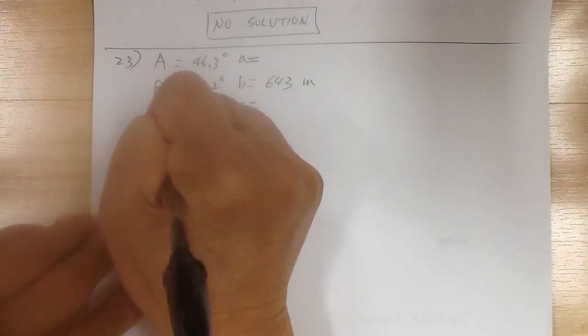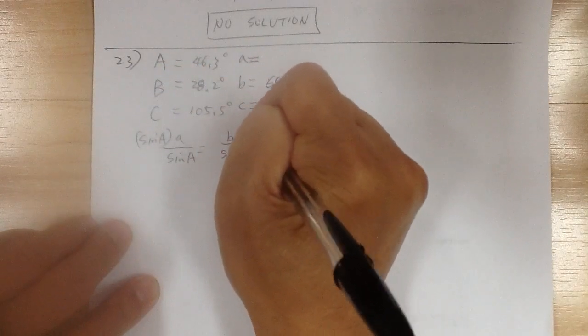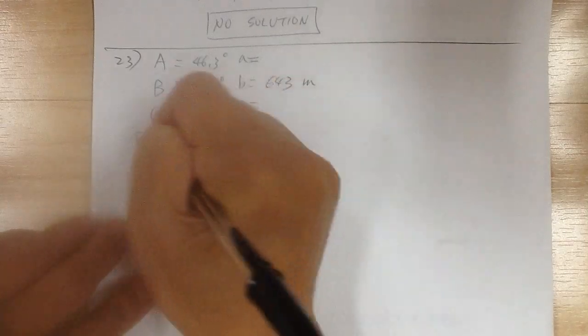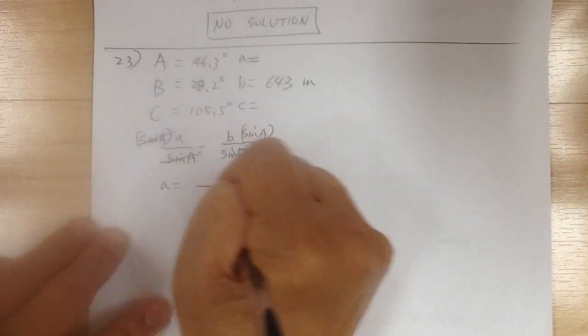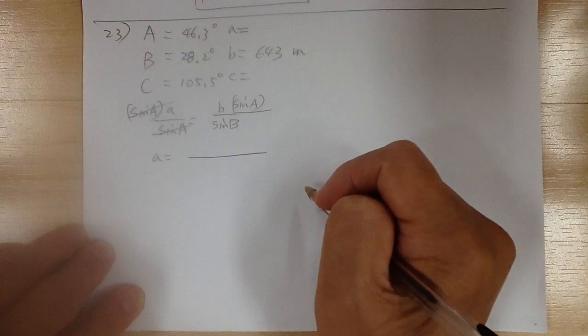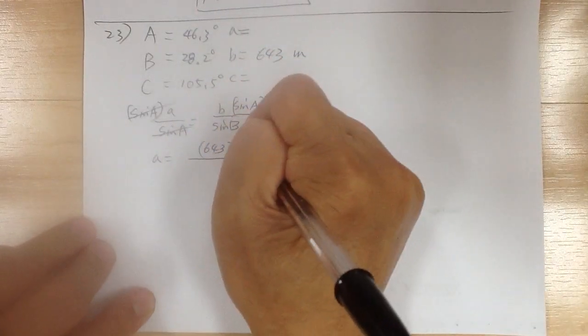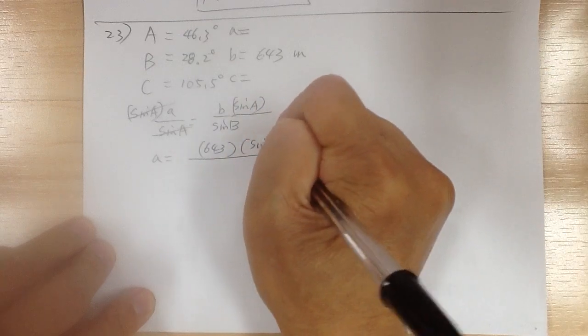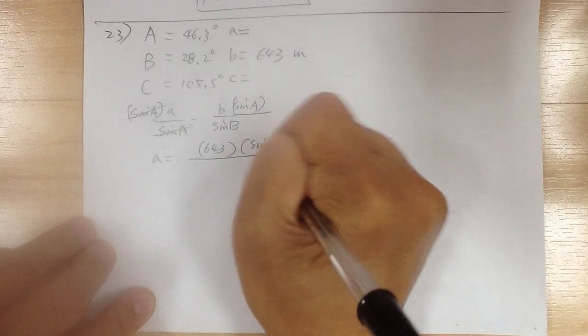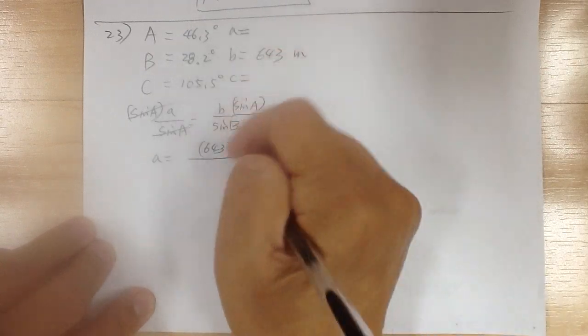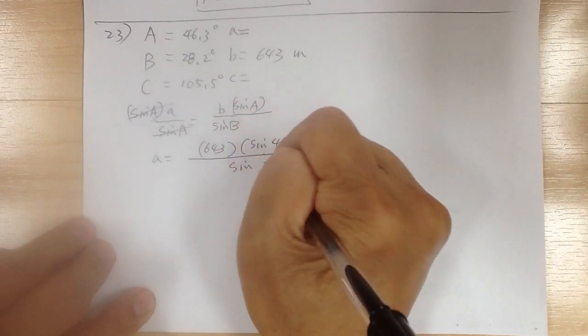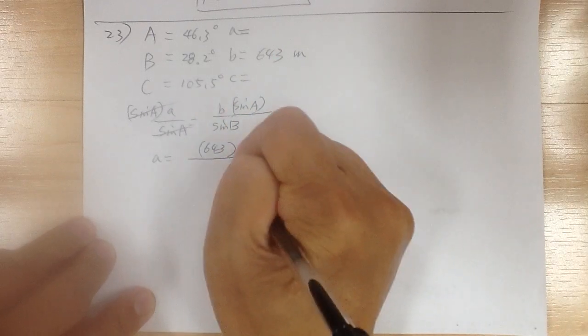So A over sine A equals B over sine B. Multiply both sides by sine A, so this will cancel out. So A equals 643 times sine of 46.3 degrees divided by sine of 28.2 degrees.